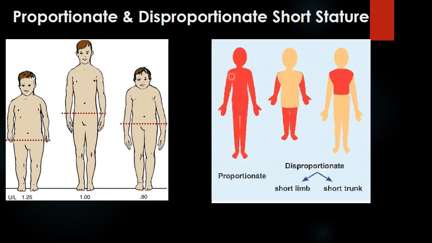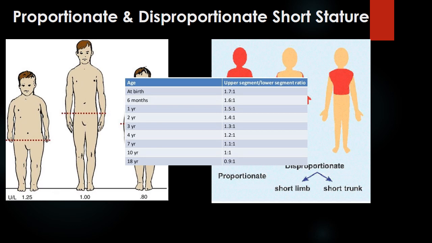So here you can see the proportionate short stature. Disproportionate short stature can be either because the limbs are short, meaning the lower segment is short, or it can be short trunk disproportionate short stature where the upper segment would be short, and this is how the upper segment lower segment ratio changes with age.